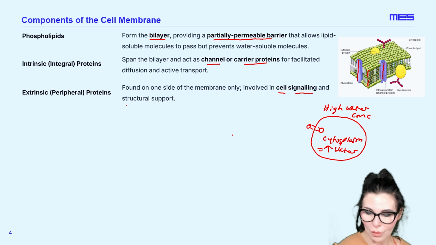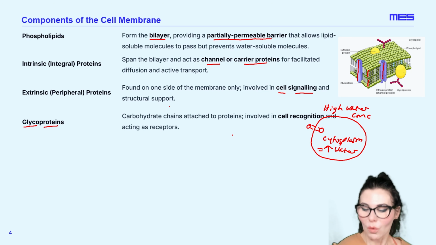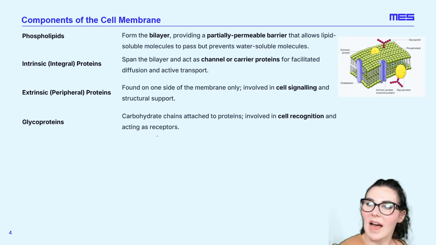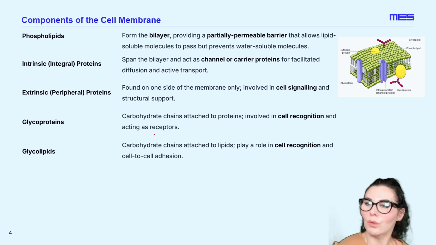or sometimes they're there to give the membrane a little bit of structural support. The glycoproteins, which means a chain of sugar attached to a protein, are also involved in cell recognition. And they can act as receptors to things like hormones, for example. And the glycolipids are quite similar in their role.